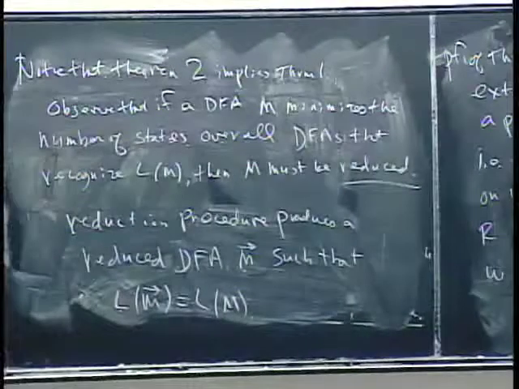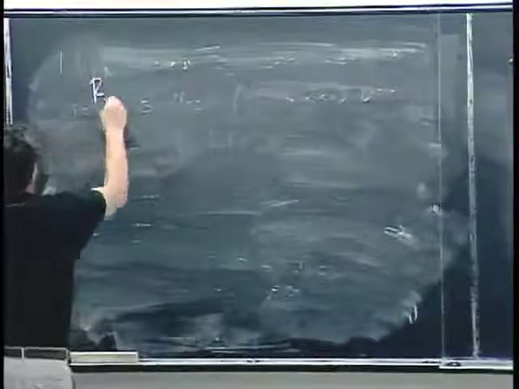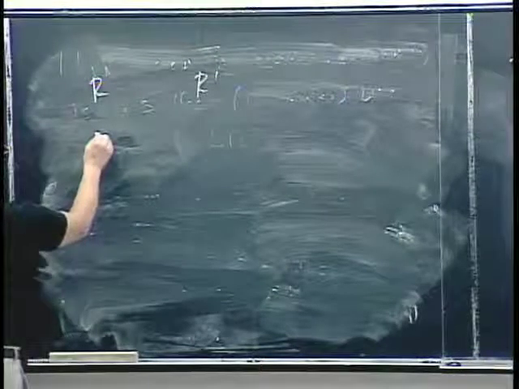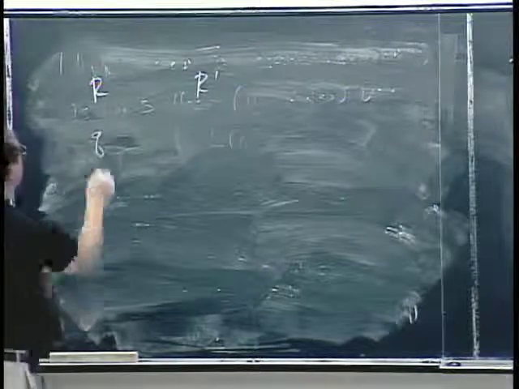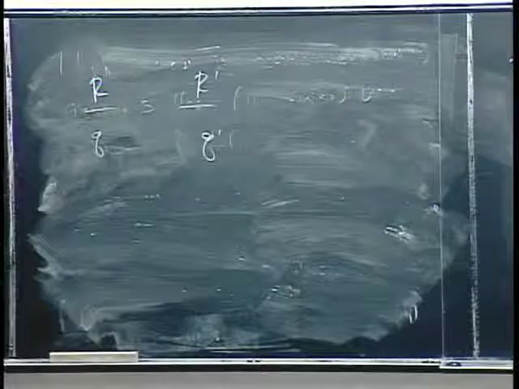Oh yeah, I wanted to make a picture that describes that definition. Here we have R, here we have R prime. These are two different finite state machines, DFAs. And here we have a state Q in R, and here we have a state Q prime in R prime.